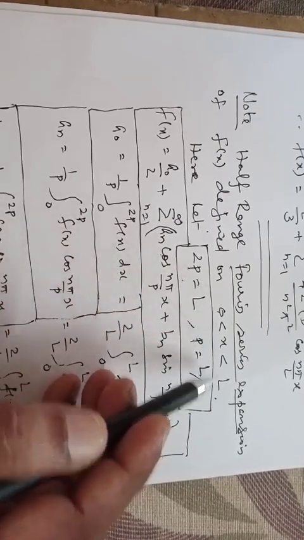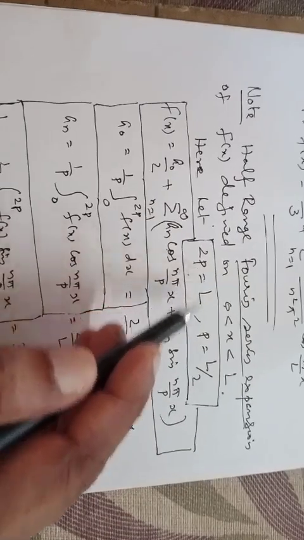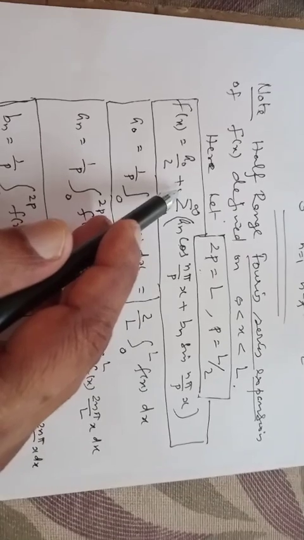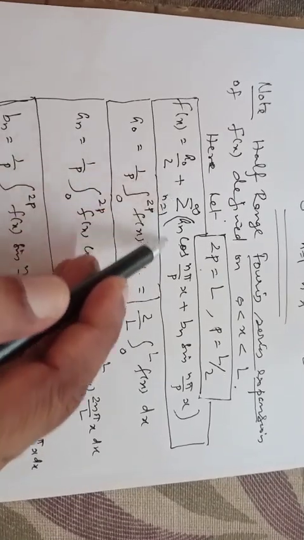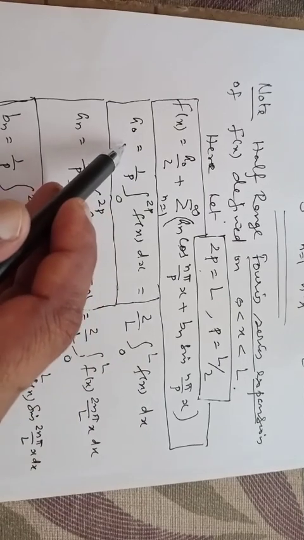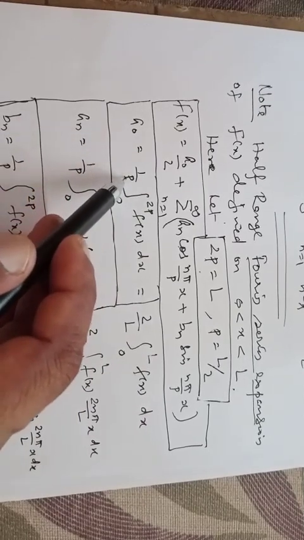This L is taken to be 2p, so that p is L by 2, and the formula is the same as discussed earlier, a0 by 2 plus sigma. But to find the coefficients, a0 is 1 by p into the integral.